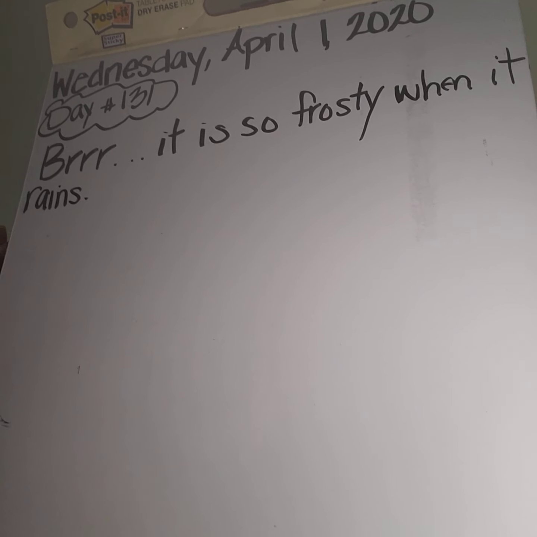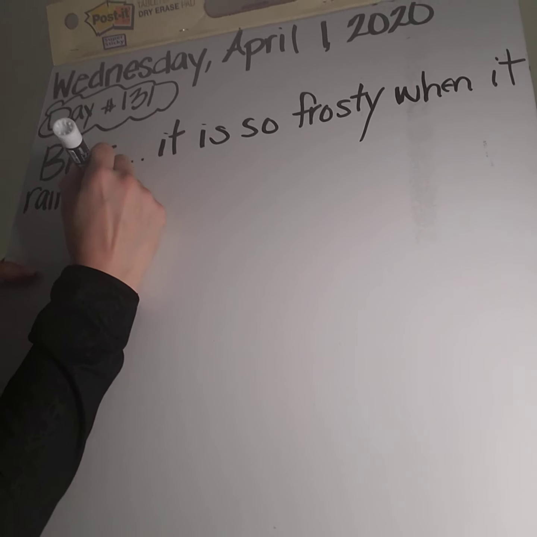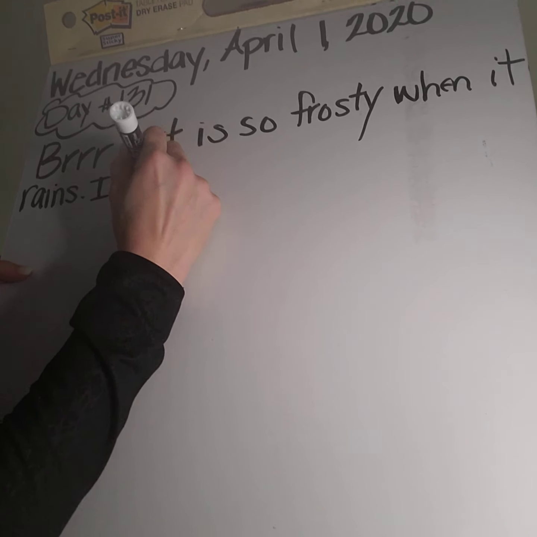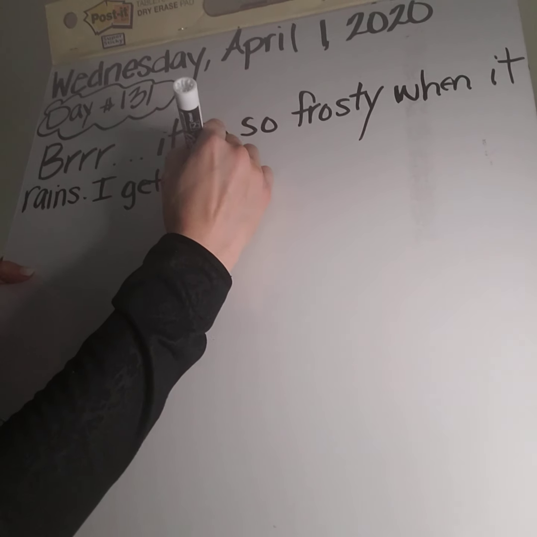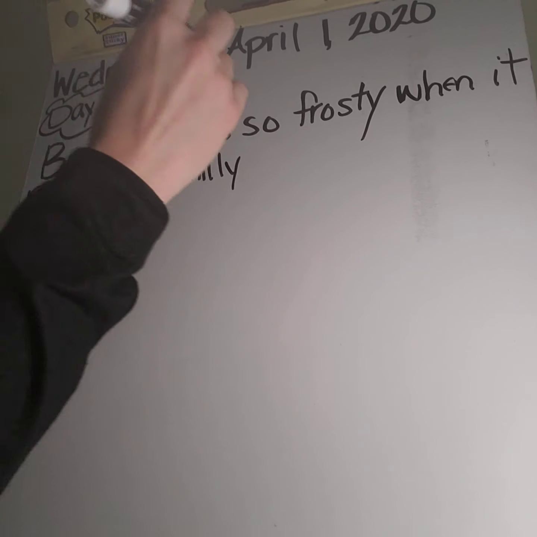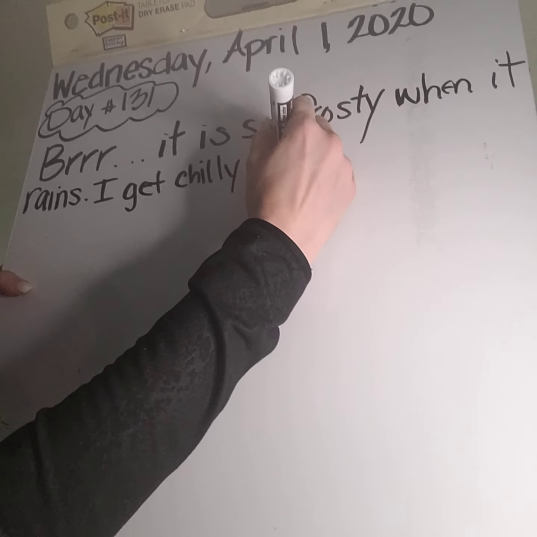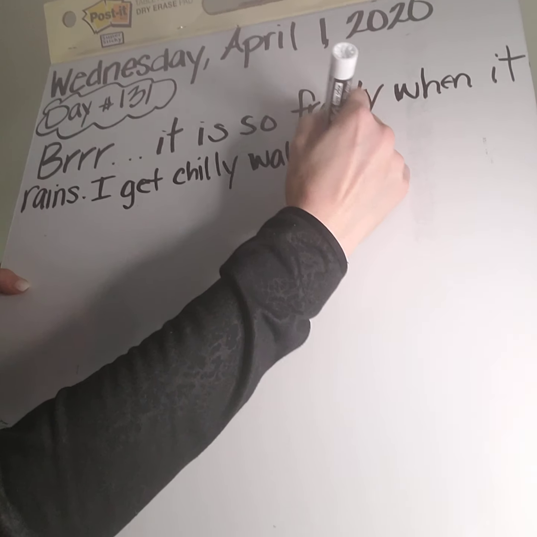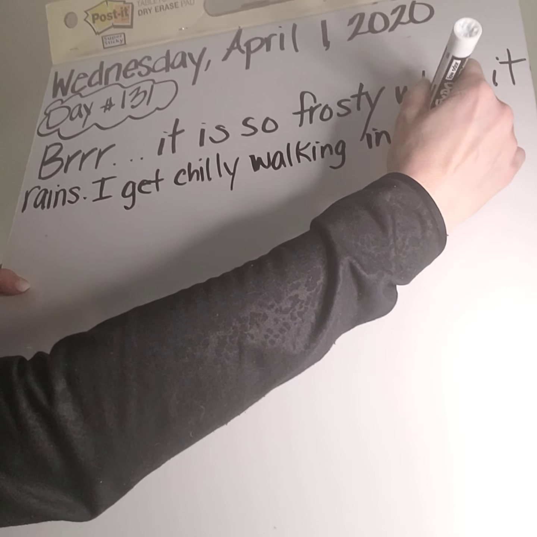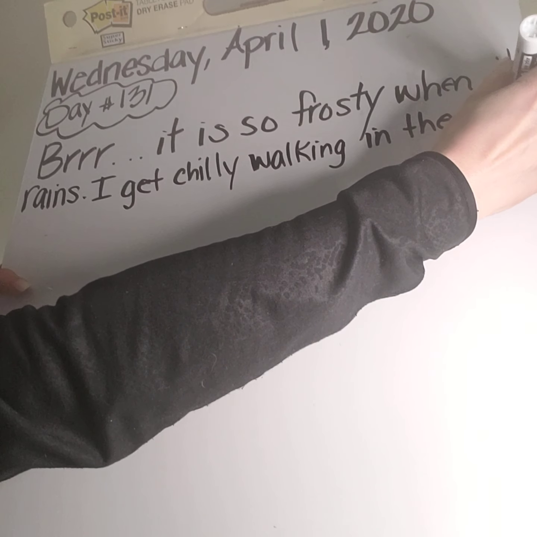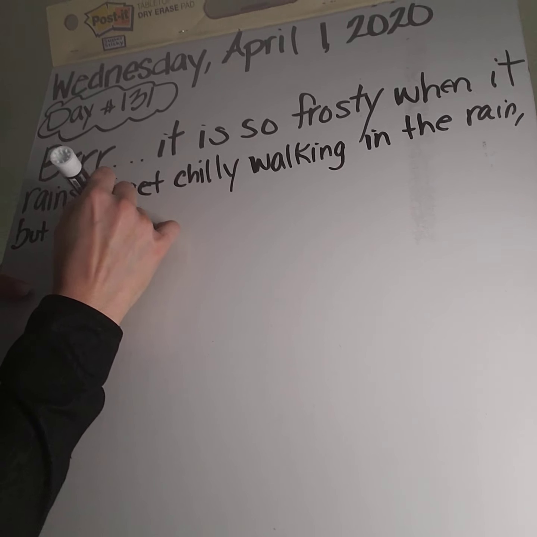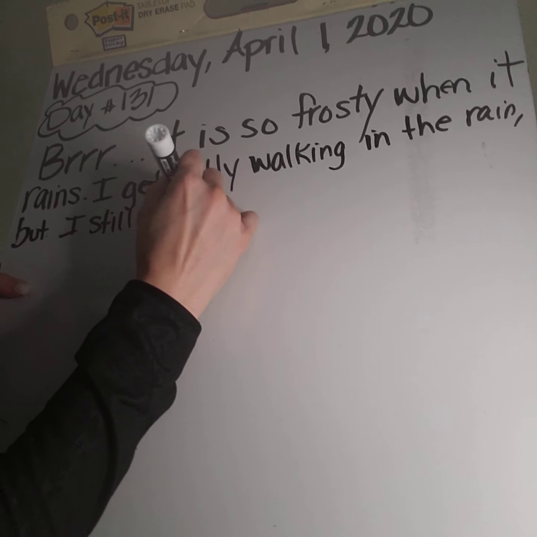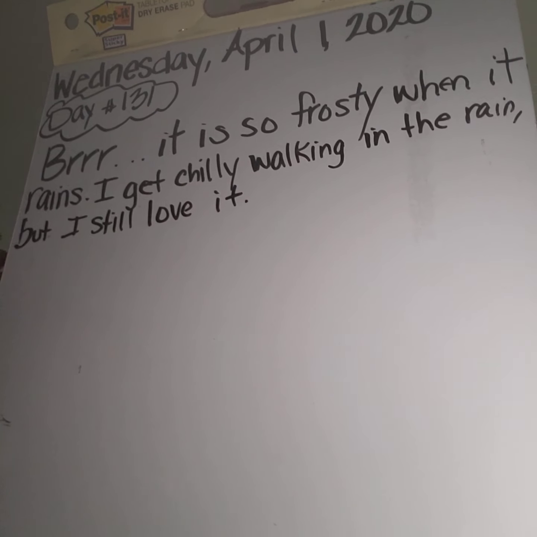But now remember, we're talking about walking in the rain. So I want to tell you, I get chilly walking in the rain, but I still love it. So that's my second sentence.